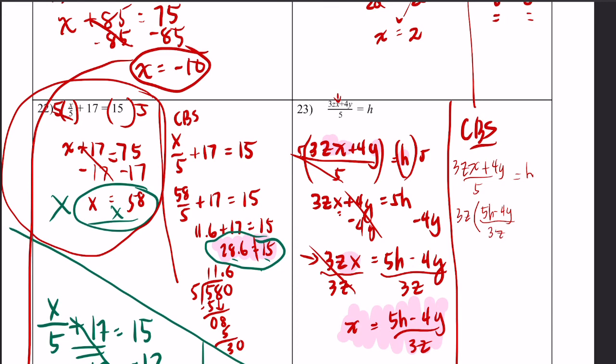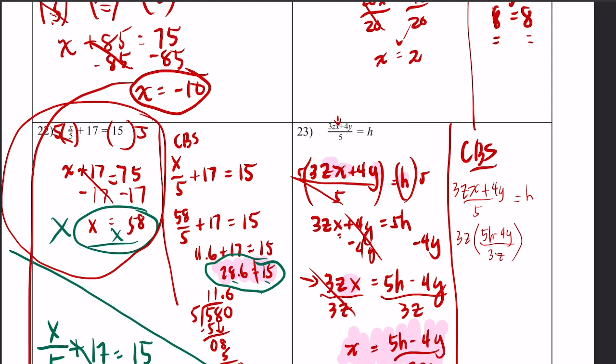Substituting, 3z times 5h minus 4y over 3z, plus 4y over 5 equals h. Okay? So, we can cancel this now because 3z is multiplied by this fraction. So we can cancel that.